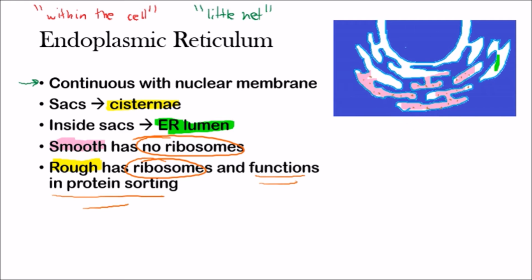And then all of this region over here is smooth ER because there are no ribosomes, none of those brown or black dots. I think it's brown, I can't even tell, but it's besides the point. So if you ever get a test question asking you what type of endoplasmic reticulum we're looking at, you'd be able to tell there.